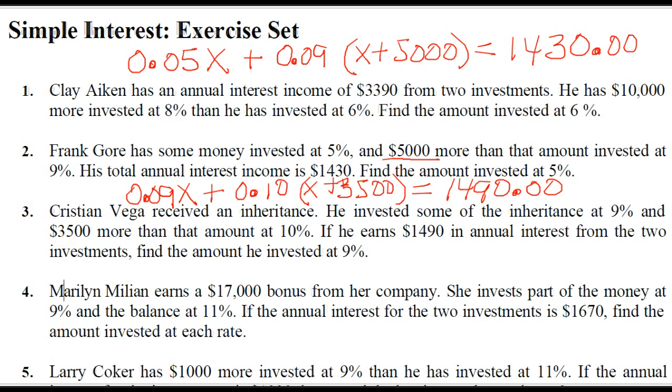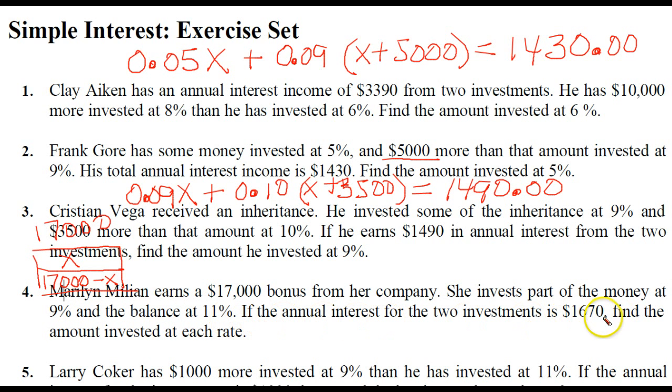All right, let's take a look at number 4. Number 4 is going to be similar to the first one we did, where we have a box that represents 17,000. And we're going to divide that into two parts. So part of it will be X, and the other is 17,000 minus X. So she invests part of it at 9% and part at 11%.